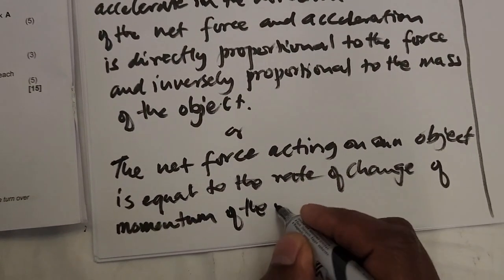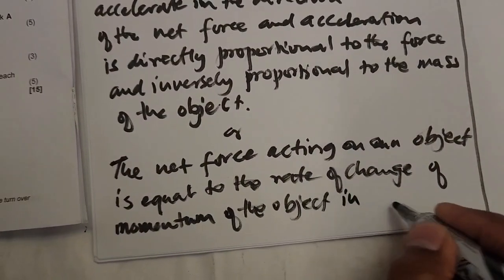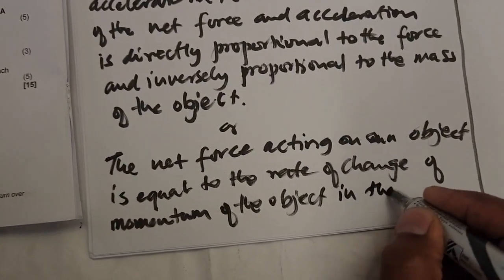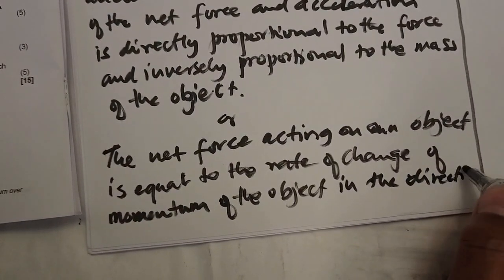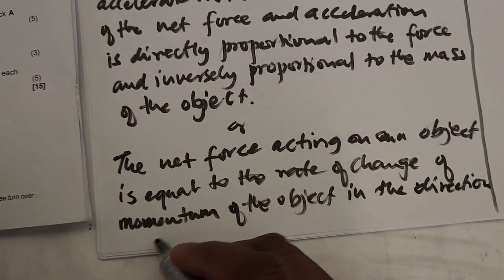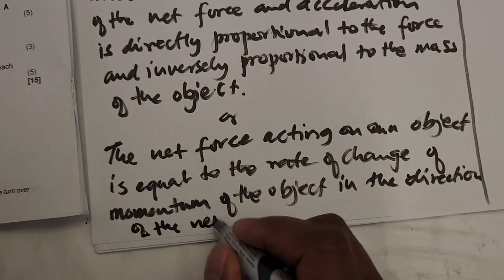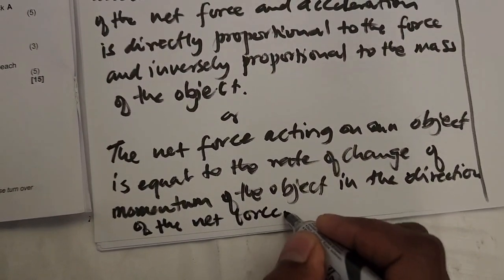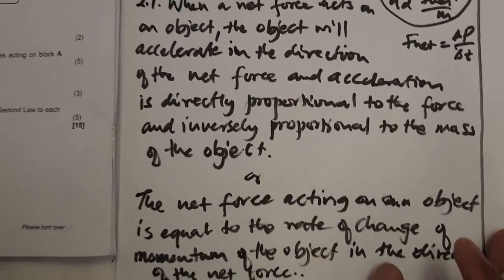And then the last part will be that the change will be in the direction of the net force. That is when you define in terms of momentum. Both definitions will give you 2 marks.